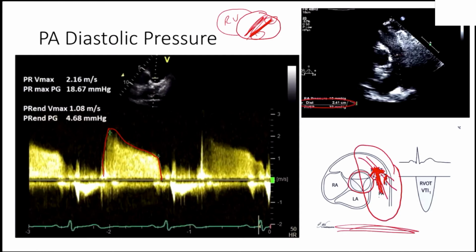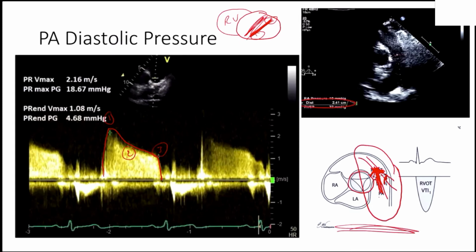Now at end diastole, if this is 0.1, this is 0.2, and this is 0.3, where on our regurgitant jet are we going to be at the end of our diastolic phase, the end diastolic phase? You have a 33% chance of getting it correct by just saying a number. 3.